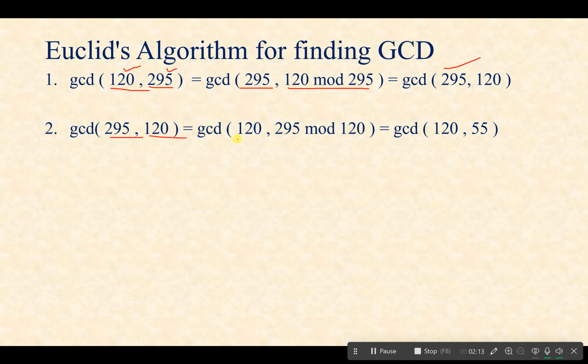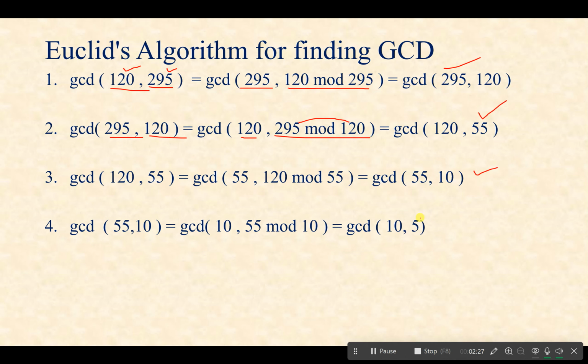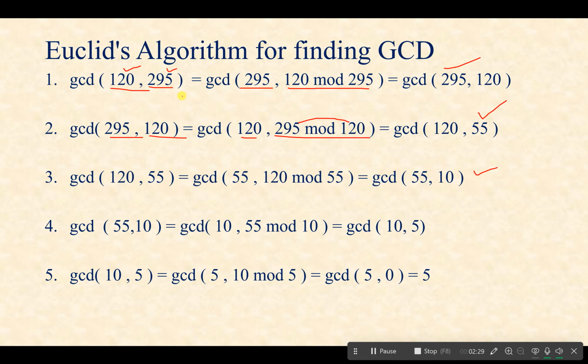If you divide this, we'll get 55 as the remainder. In the same way, we can continue like this. In the end, GCD of 120 and 295 is 5.